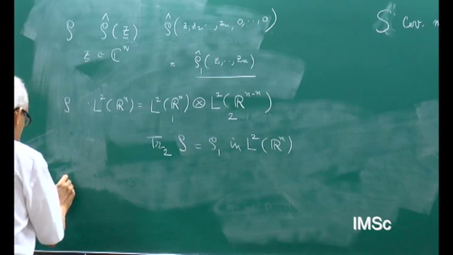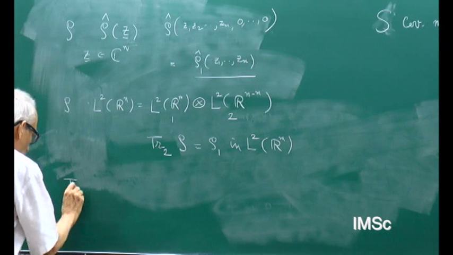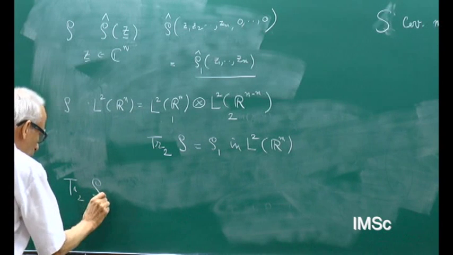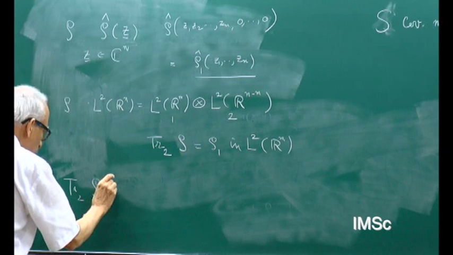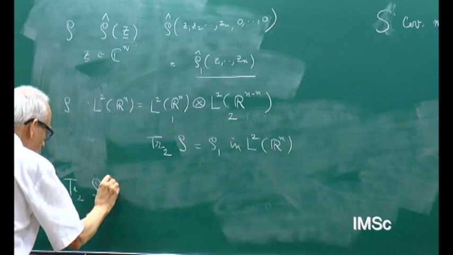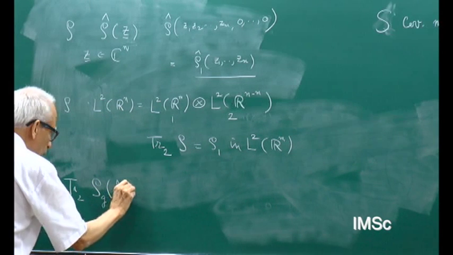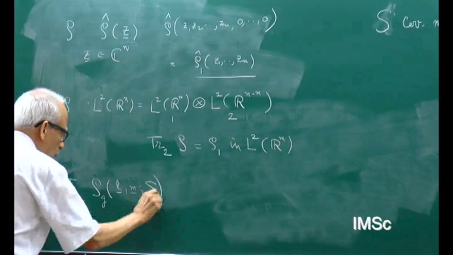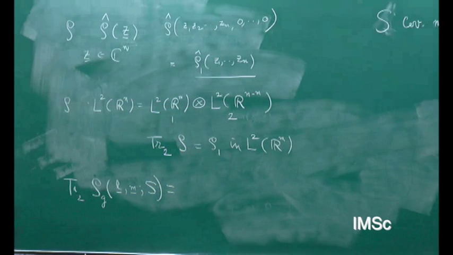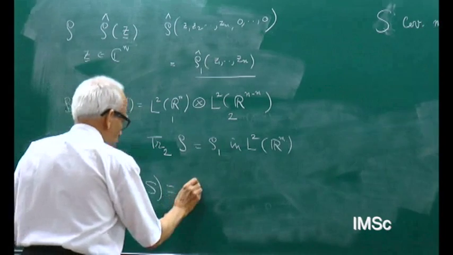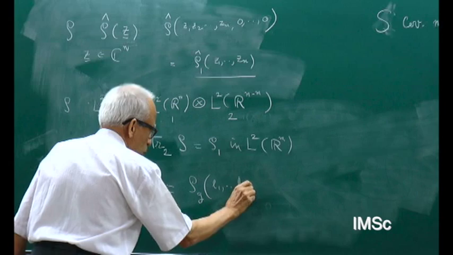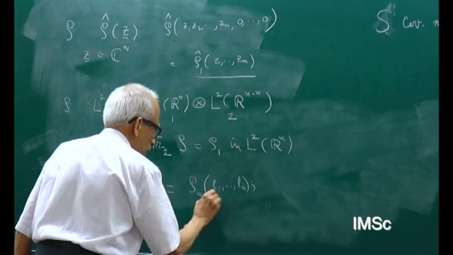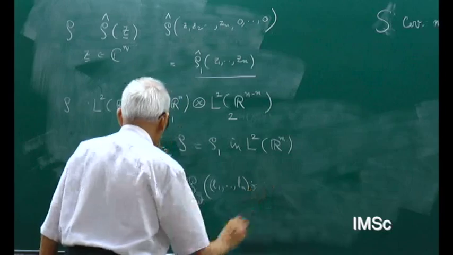So if you take trace 2 of rho G L M S, and put all the last n minus m coordinates 0, you will get rho G of L1, L2, etc. Lk.